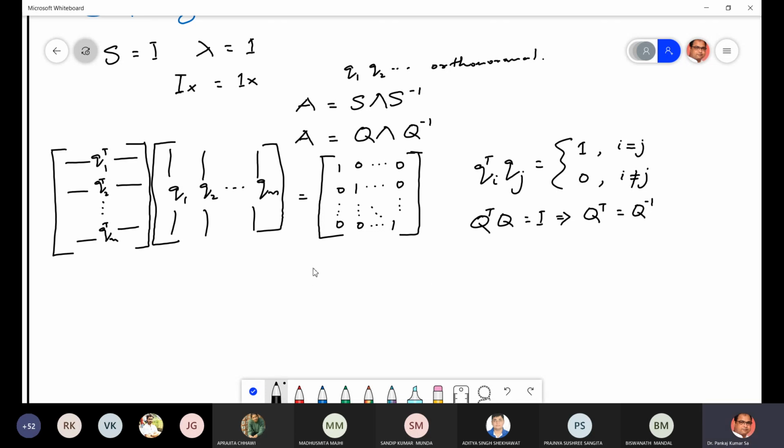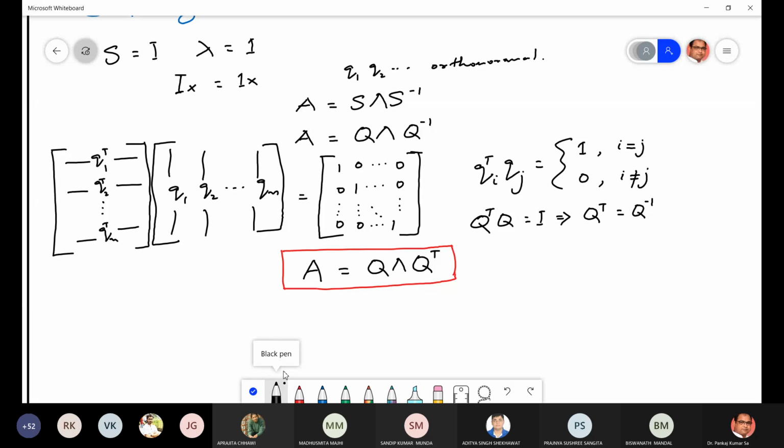So this equation now becomes A is equal to Q lambda Q transpose. This is known as the spectral theorem.